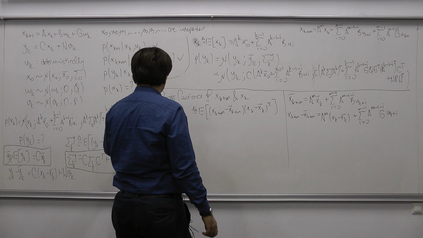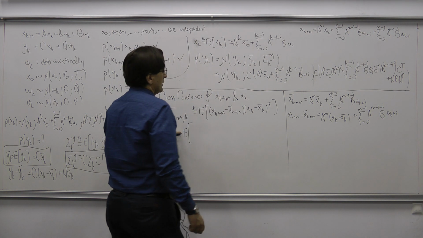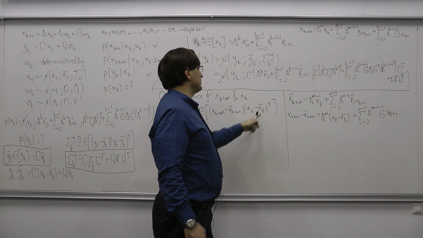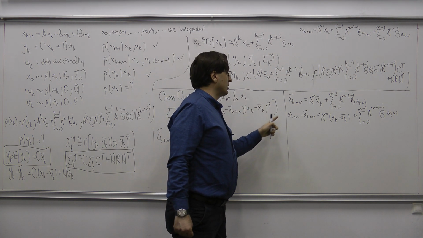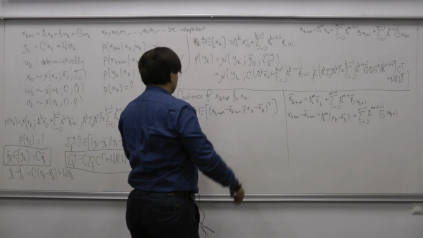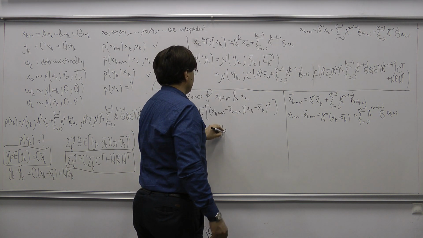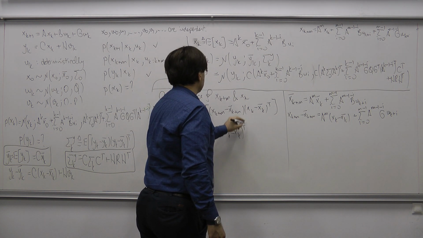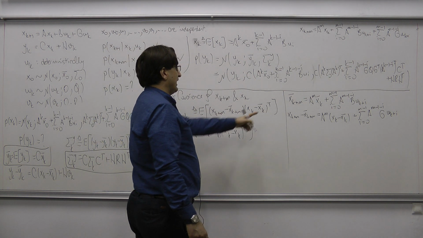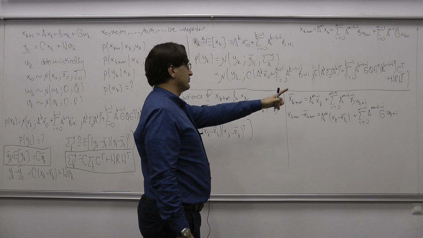So I have sigma (k+m, k), which is nothing but the expected value of these terms, and I'm going to multiply them from the right by this xk minus xk bar transpose. And these are going to be the expected value of A^m, (xk minus xk bar) times this (xk minus xk bar) transpose. This is the first term, plus I can write the other ones. So I have these terms multiplied by (xk minus xk bar) transpose from the right.